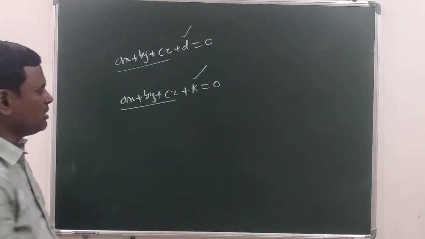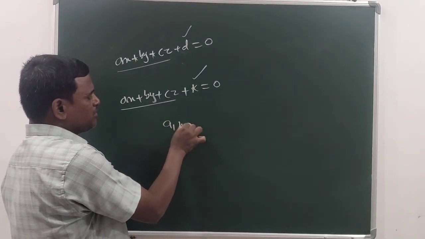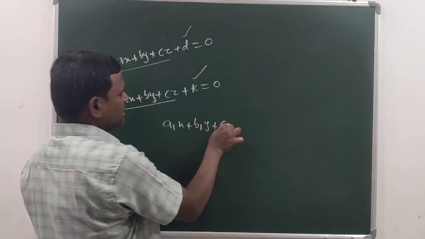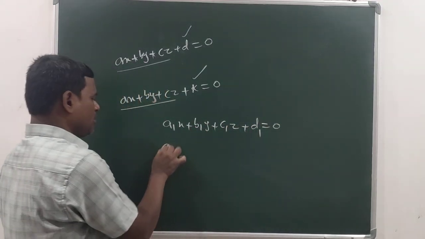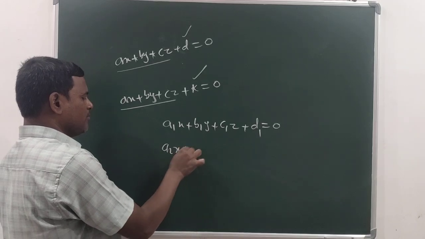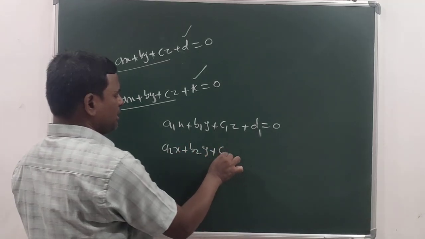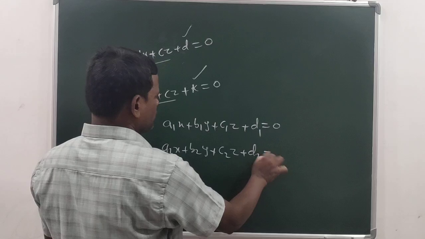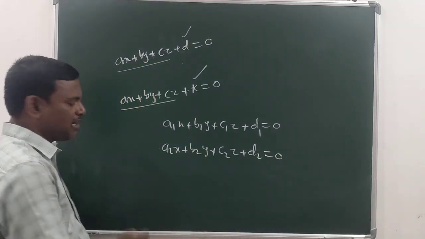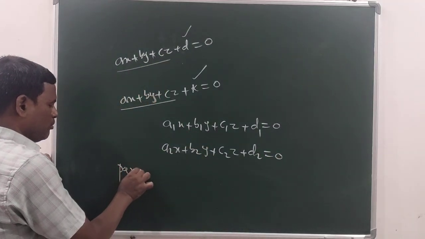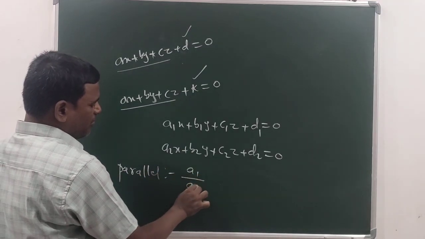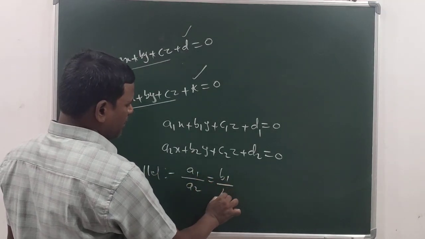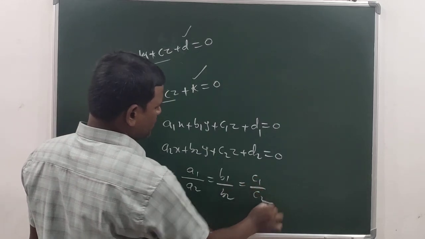Okay, see, suppose here A1x plus B1y plus C1z plus D1 equal to 0, and A2x plus B2y plus C2z plus D2 equal to 0. If both planes are parallel, then you get this condition: A1 by A2 is equal to B1 by B2, which is equal to C1 by C2.